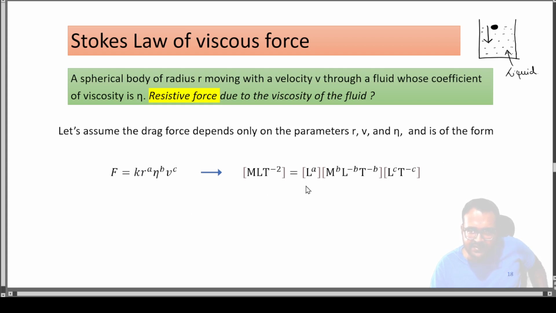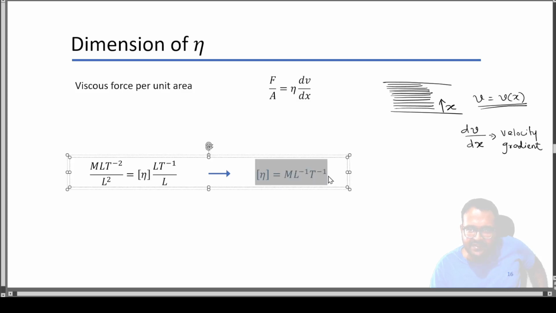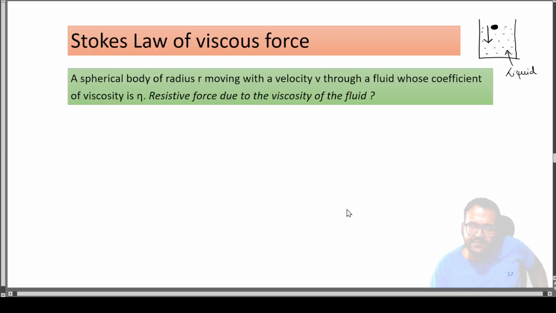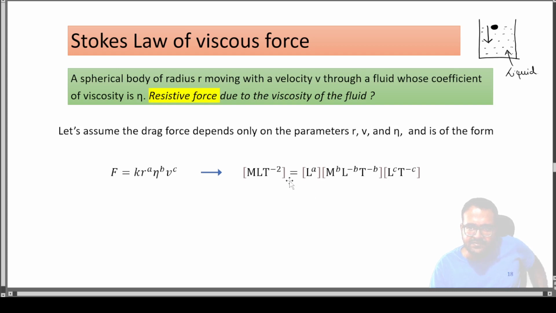The dimension of that is L. Where does eta come from? I derived the dimension of eta here: eta is M L to the power minus 1, T to the power minus 1.